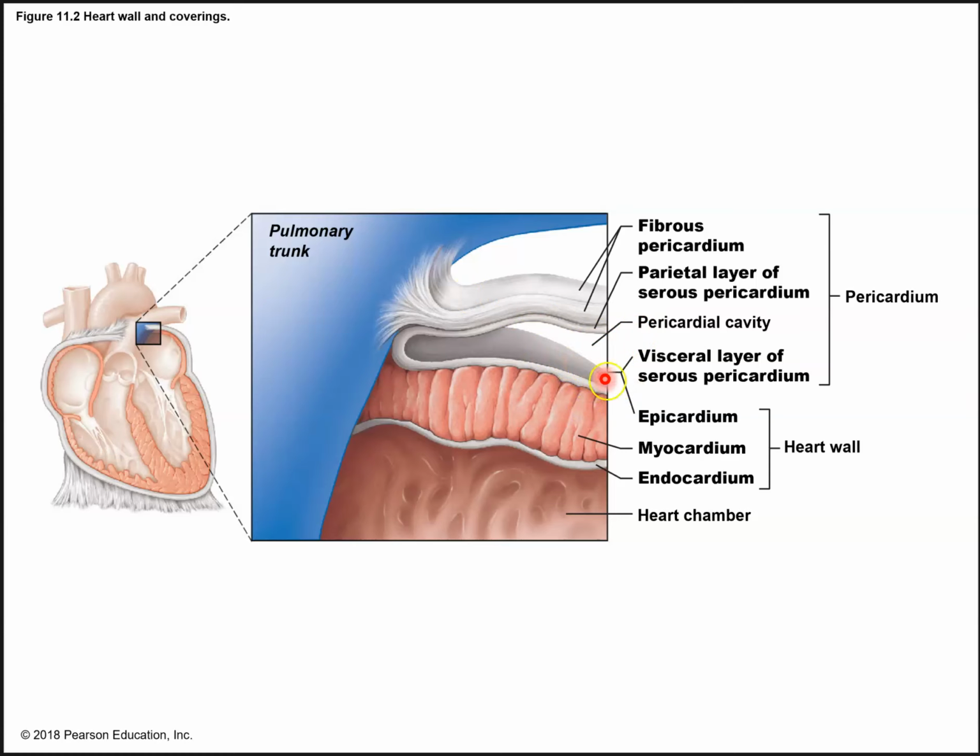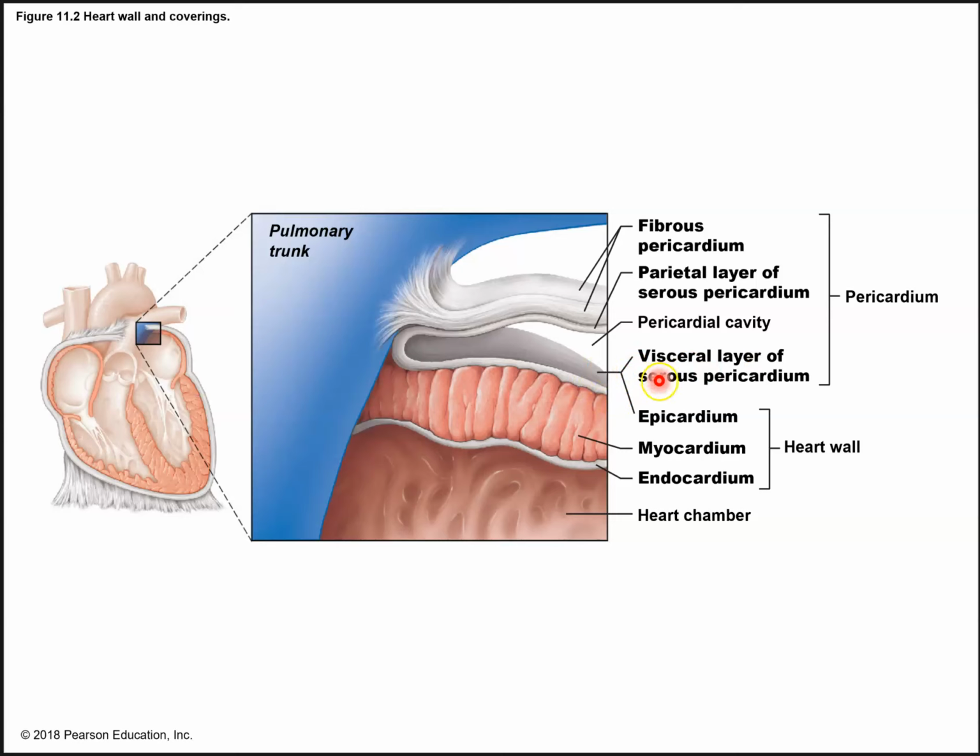So the visceral pericardium, in a sense, is both the inner layer of the pericardium. Now the pericardium consists of the fibrous layer, the parietal layer, the fluid-filled sac known as pericardial cavity, and the visceral layer.